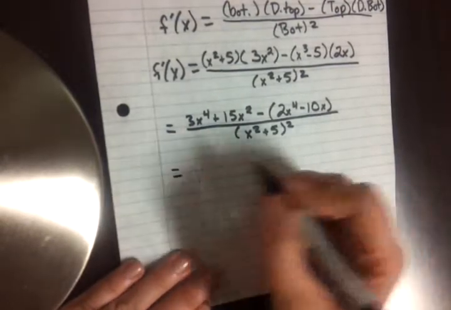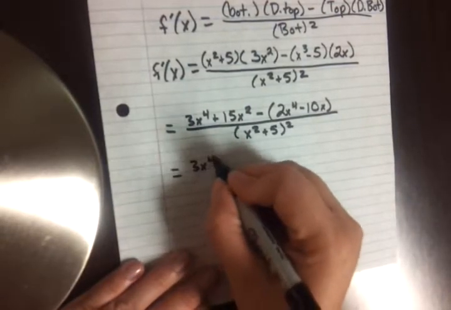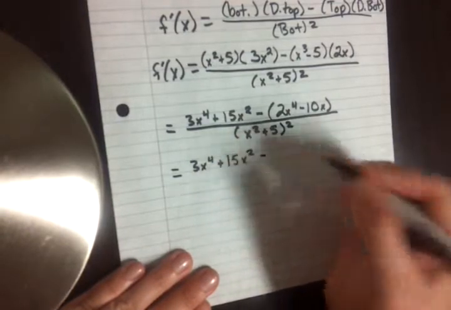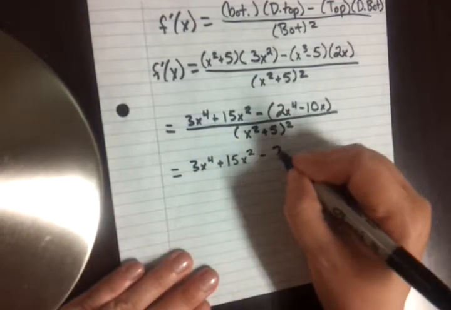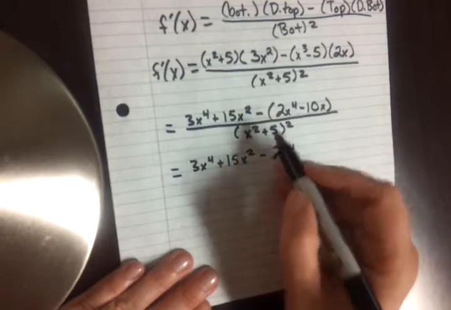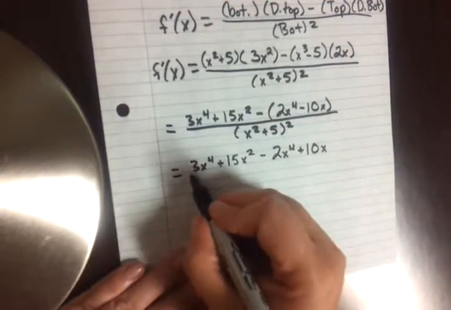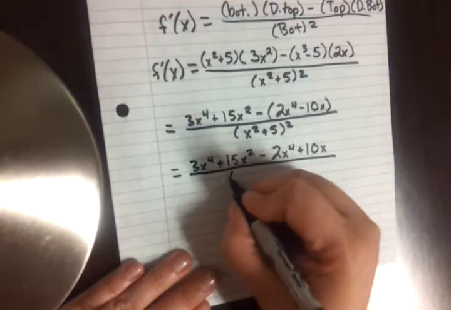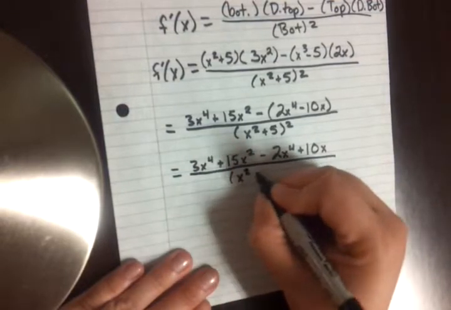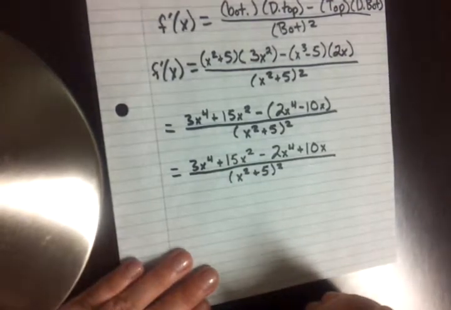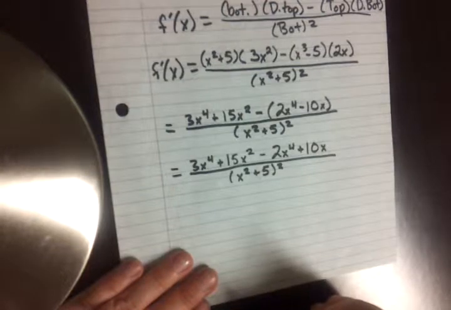We can rewrite it as 3x to the 4th plus 15x squared minus 2x to the 4th. Now let's distribute that minus sign. That's going to give us a plus 10x all over that denominator. It really helps to write that denominator every single time, because otherwise you're going to skip over it, and by the time you get to the end of the problem, you will have completely forgotten it was there.